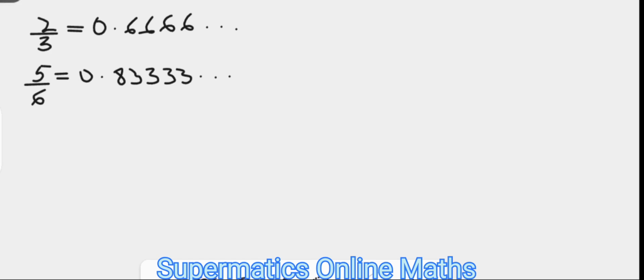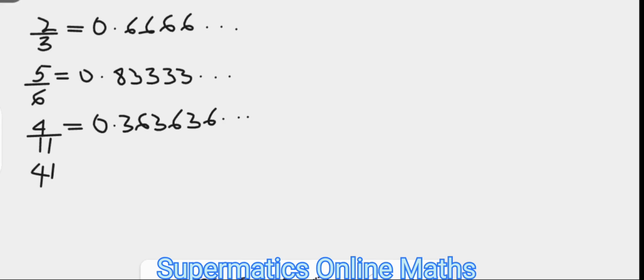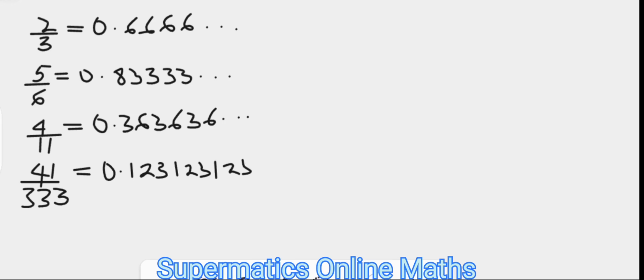How about 4/11? Which is 0.363636 that continues forever. 41/333 is another one, as this is 0.123123 and it goes on just like that.